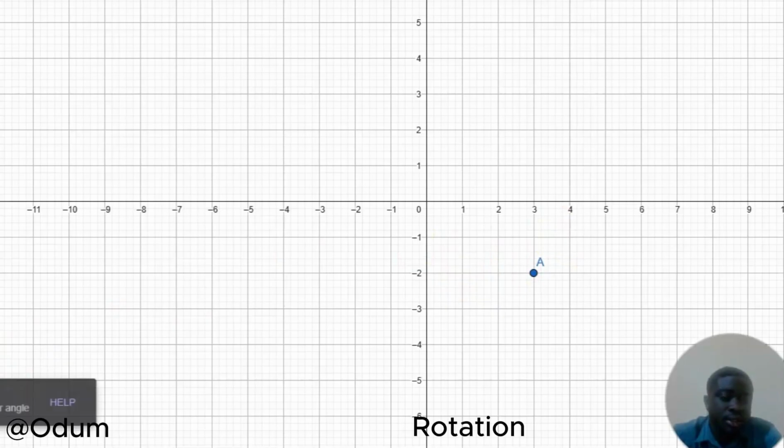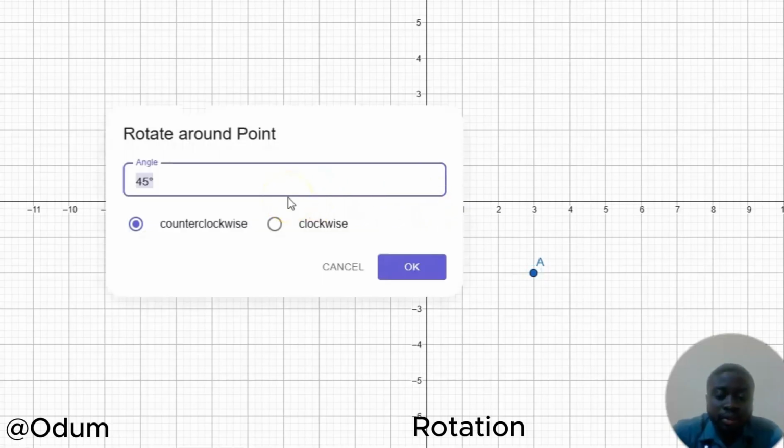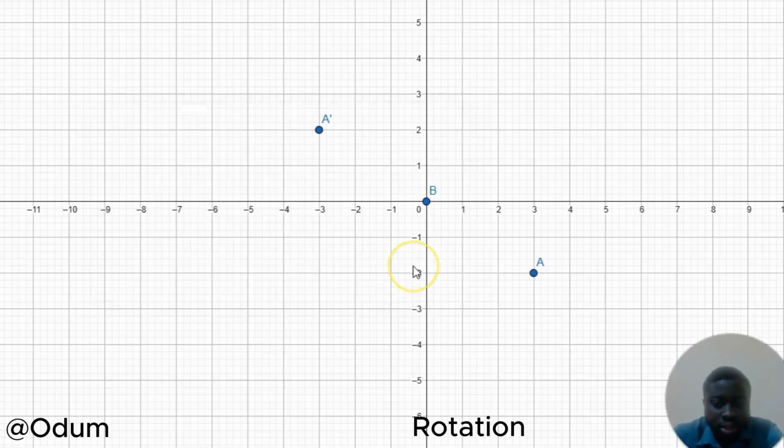Select this one. Since we have the center, we have 180.